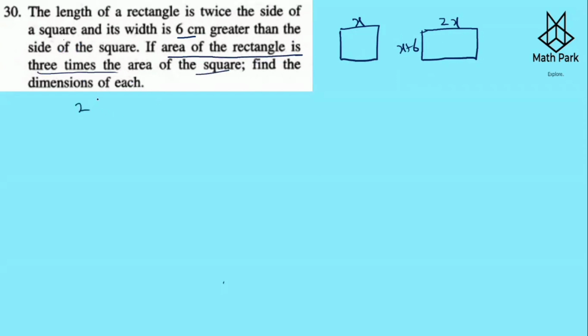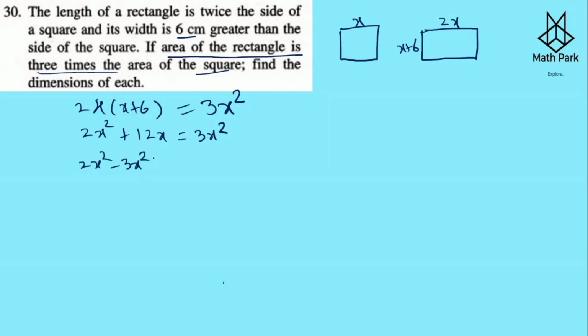So area of a rectangle is length into breadth is 3 times the area of a square is side square, that is x square. So we get an equation 2x into x is 2x square plus 2x into 6 is 12x is equal to 3x square. So you get 2x square minus 3x square plus 12x is equal to 0.